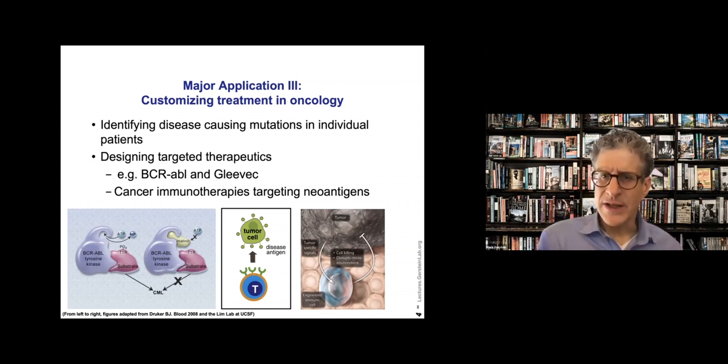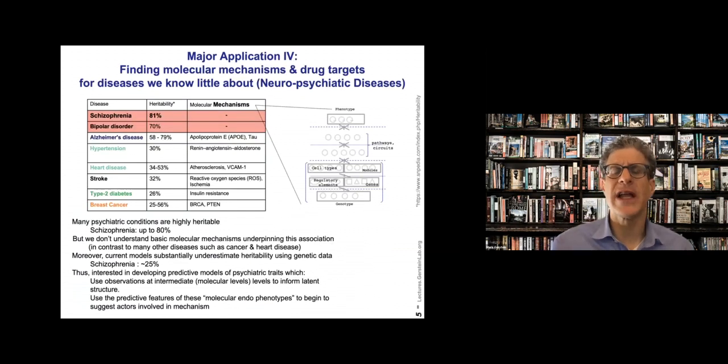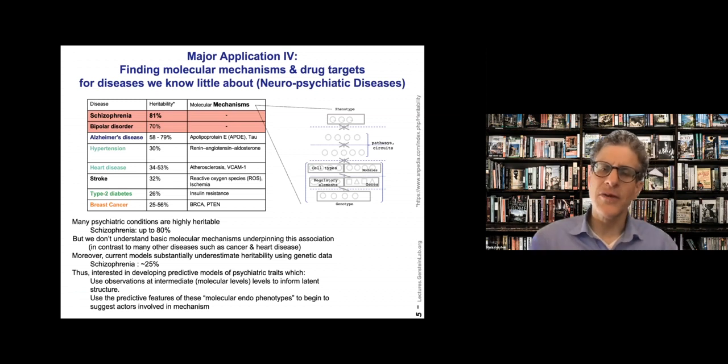Okay. So another application I wanted to point out, which is related to this too, is we can look at someone's genome and we can find the genes associated with the disease. And a lot of times those genes give us very good hints as to what we should target for a drug.